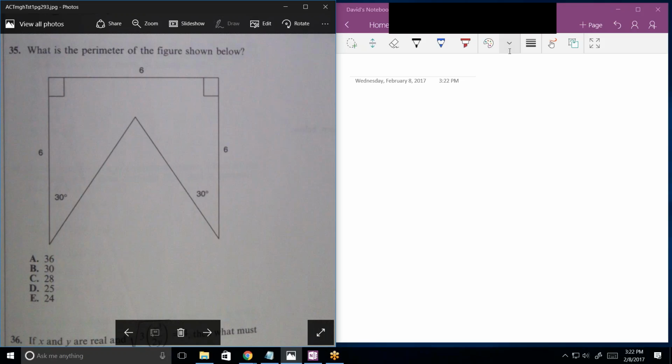So for this one, it's asking the perimeter of the figure shown below. So 6 times 6. Usually students like yourself have the most problem with geometry questions on the ACT. And the reason is that you're much further removed from your geometry class. What's it been, 2 years or 3 years since you had geometry? Two for me. Right.